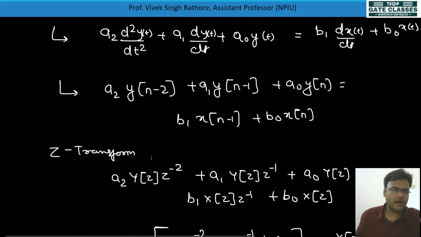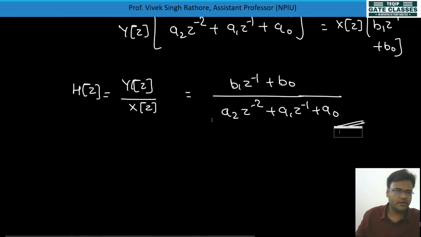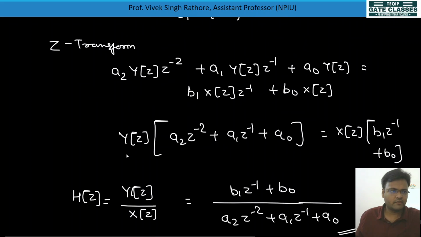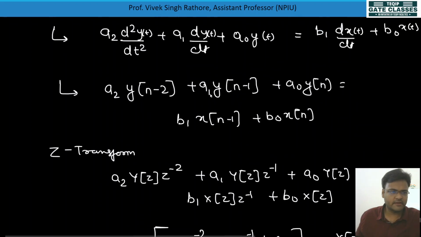Now if you have been asked for the total output, then what you can do, see, y of z is there, y of n minus 2, y of n minus 1, and y of n is there.